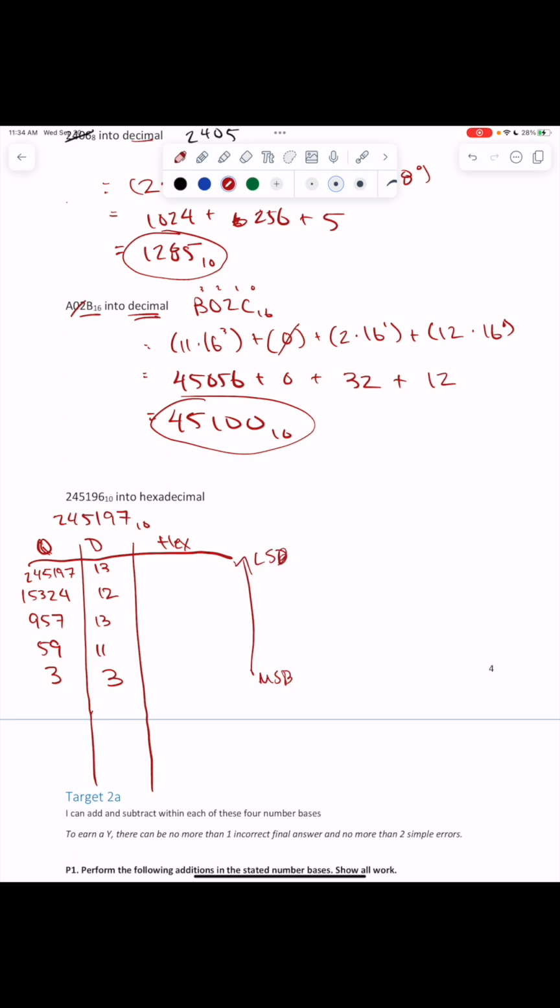And then we translate 13 in decimal is going to be D, and then 12 is right before that, C, and then 13 is D, and then 11 is B, and then 3 is, of course, 3. So our answer here, going up from down, is 3BDCD. But I'm talking in base 16.